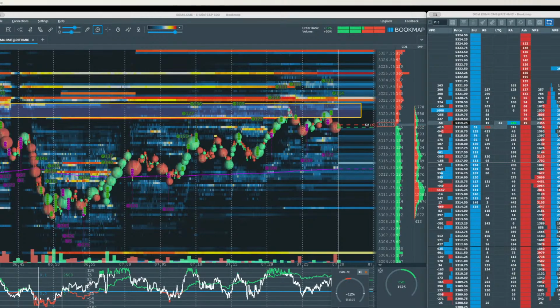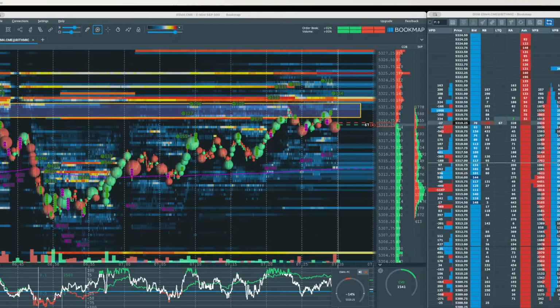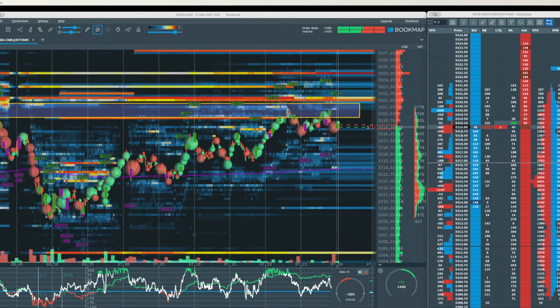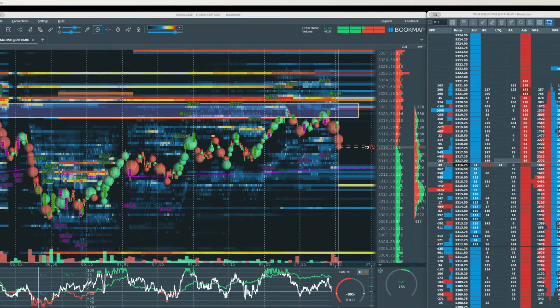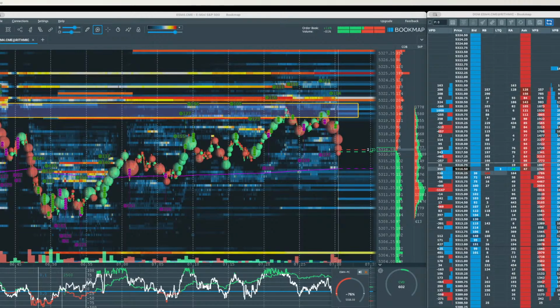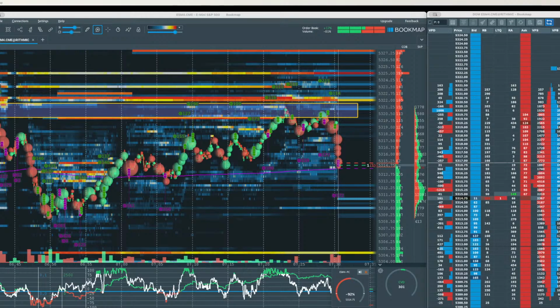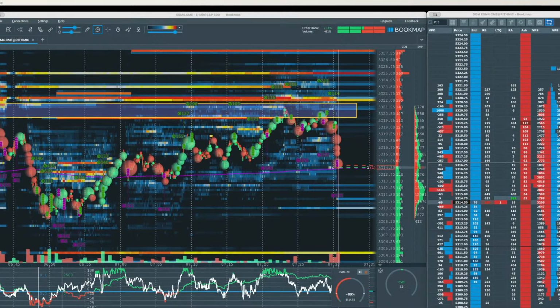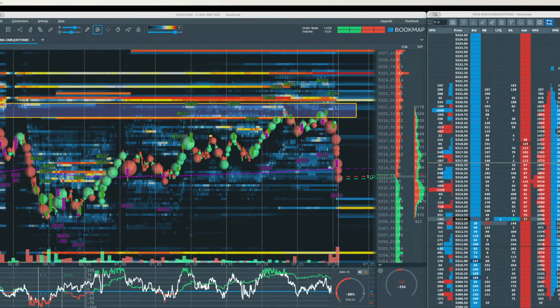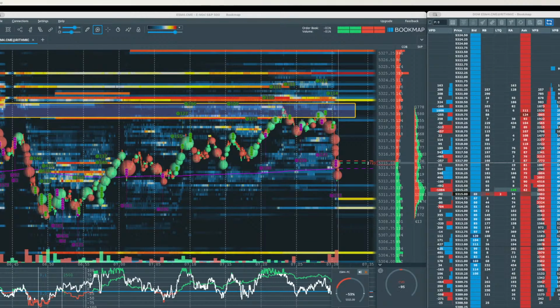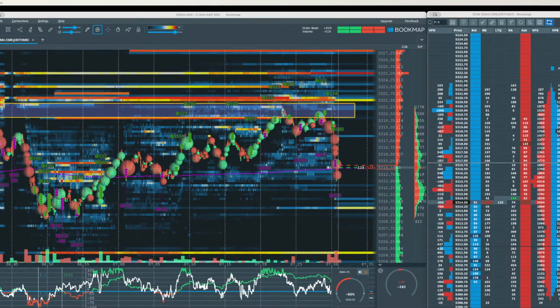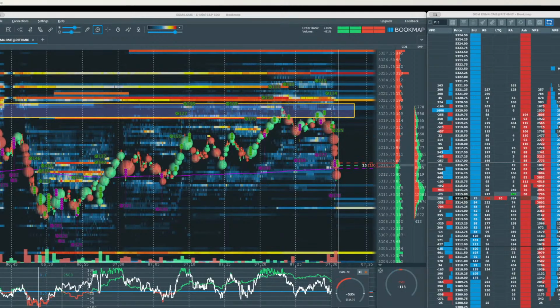Sweep ESM for CME buyers at 5319.25. Sweep ESM for CME sellers at 5315. Sweep ESM for CME buyers at 5,315.25.